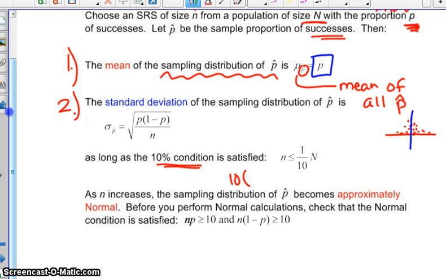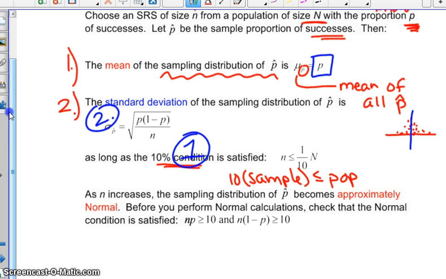I like to say 10 times my sample is less than or equal to my population, because if I don't know my population size, how am I going to take 1/10 of it? So I think it's just easier to look at that. Truly, what we should do is check this first, then find the standard deviation. There's no reason to go find your standard deviation only to find out that you can't because the 10% condition did not hold.